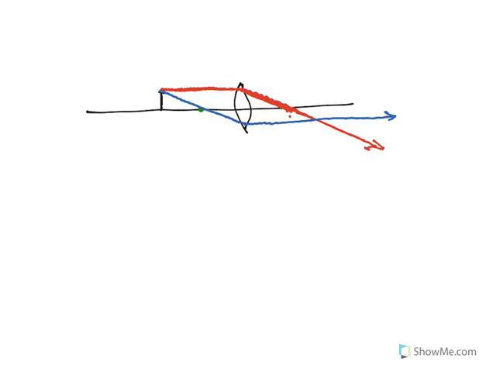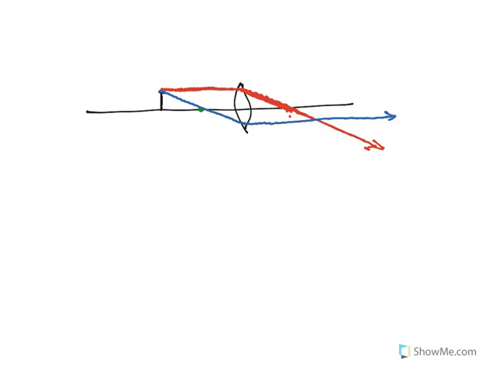If you notice, it's very similar to the mirror stuff. The first line is parallel to the mirror, or in this case, parallel to the lens, and then through the focal point. For a mirror, it bounced backwards through the focal point. For a lens, it goes forward through the lens, through the focal point. Then the second ray, for a mirror, went from the object through the focal point to the mirror and then bounced back parallel.